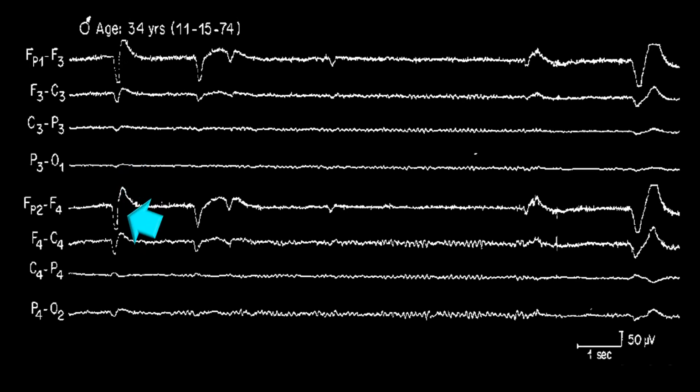If you notice what I am pointing at here with the arrow, now I'm pointing to C4 to P4, and you can see that there it goes up instead of down. The reason is that there was a mistake in the placement of the electrode, and instead of going from P4 to C4, they went from C4 to P4, and therefore the signal would be inverted.